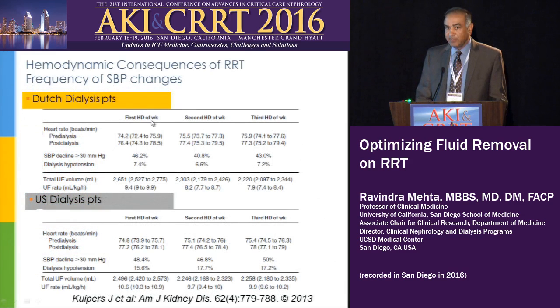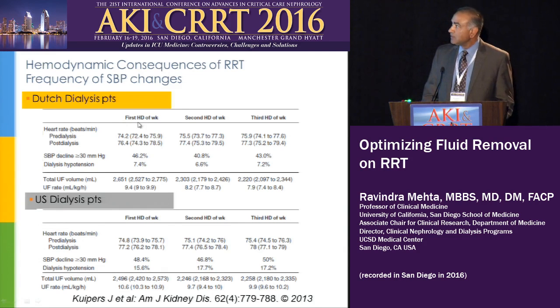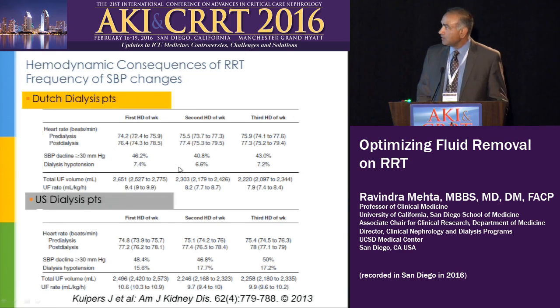In another very revealing study comparing European practices to US dialysis practices, you can see here 3 sequential hemodialysis sessions in a week. If you look at the sequence in these patients, here's the total ultrafiltration volume, the rate about 9, 8, and about 8 mLs per kilogram per hour in the Dutch dialysis patients, and look at the incidence of dialysis hypotension, about 7%.